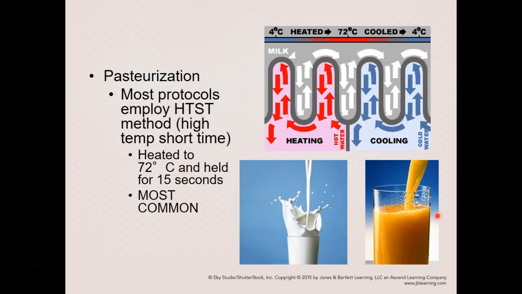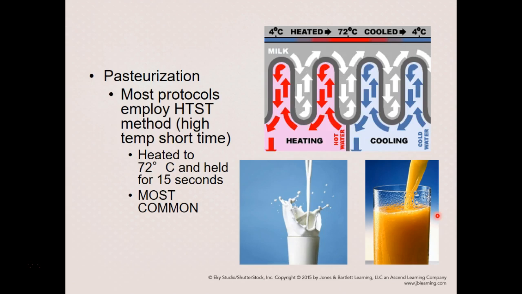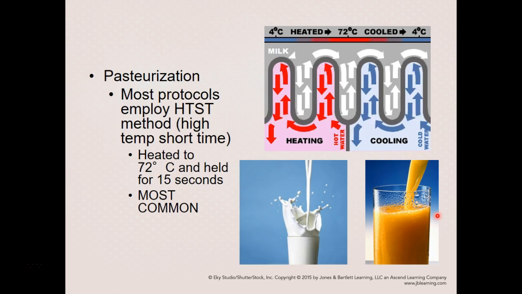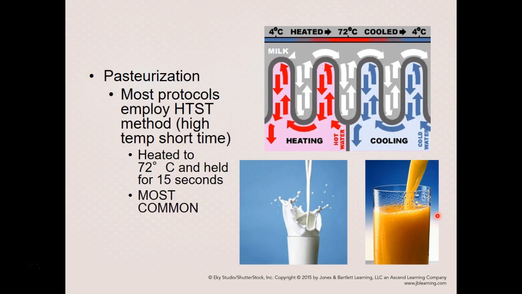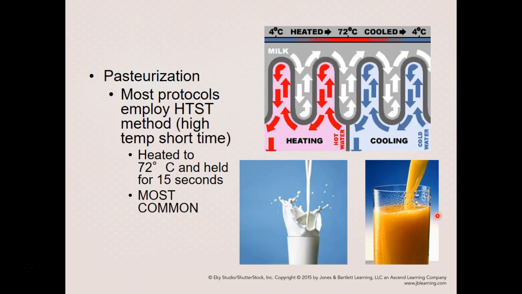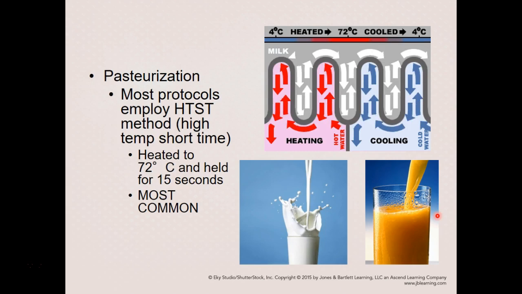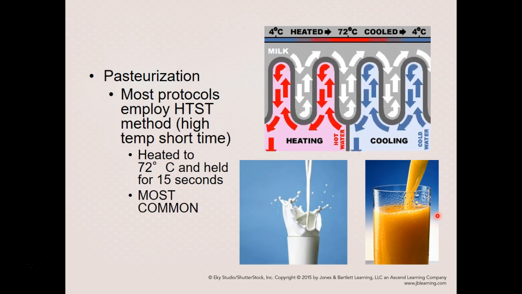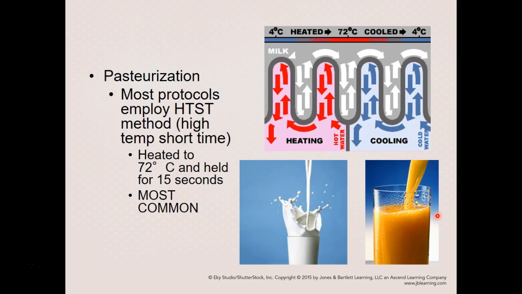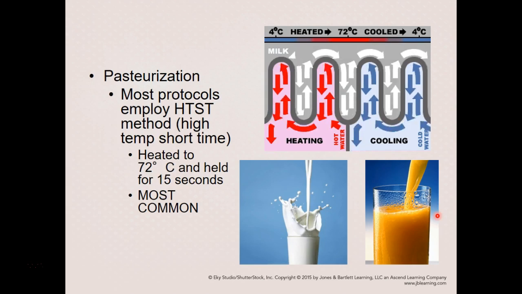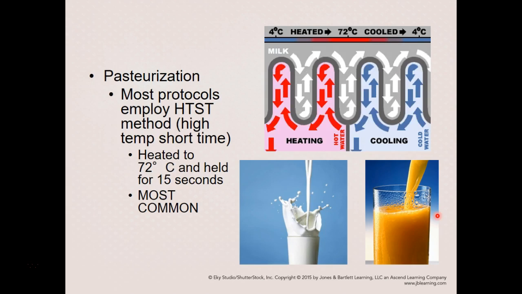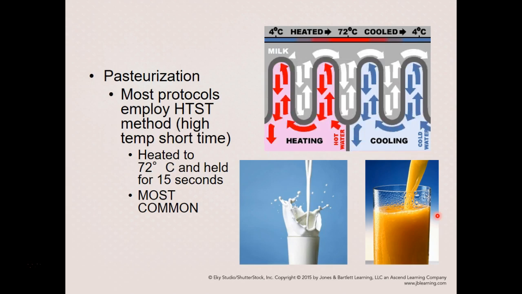The most common is high temperature, short time pasteurization, where we heat some type of fluid up to about 72 degrees Celsius, leave it there for a short period of time, and then drop the temperature down very rapidly. This kills any of those spoilage microbes and any potential pathogens. It doesn't get rid of everything, though.